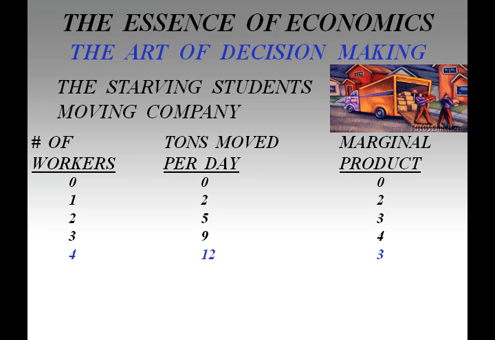The Starving Students Moving Company took on larger and more complex jobs, and they were moving more tons per day as they added workers, but they were doing so at a decreasing rate and eventually got into a situation where things plateaued and actual efficiency and productivity wound up decreasing. Where we're going to go next is to try to answer the question of why this would happen, where you're adding more workers, but your productivity and efficiency suffer as a result. So let's take a step forward.